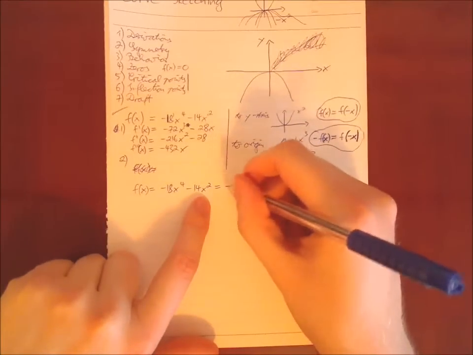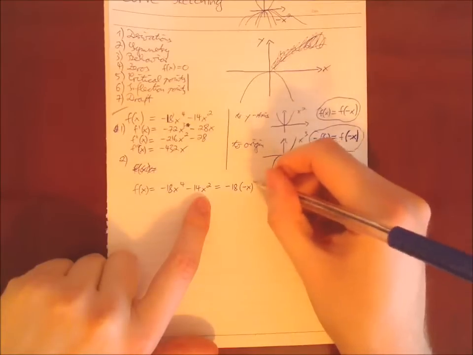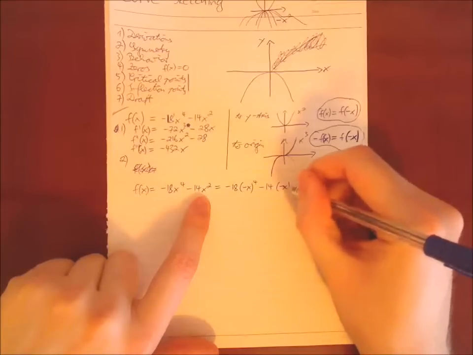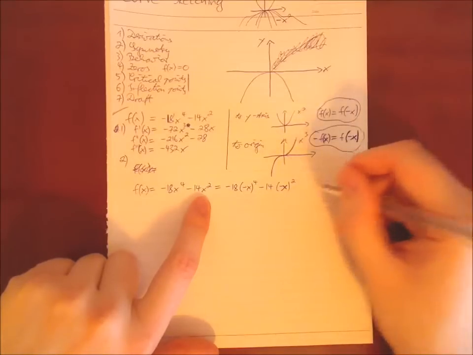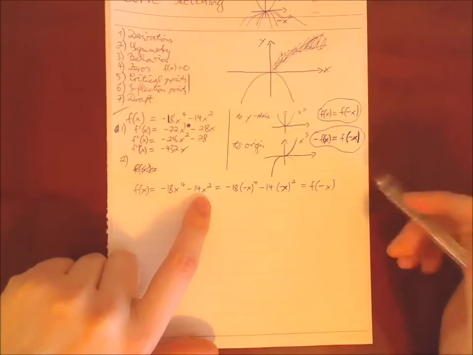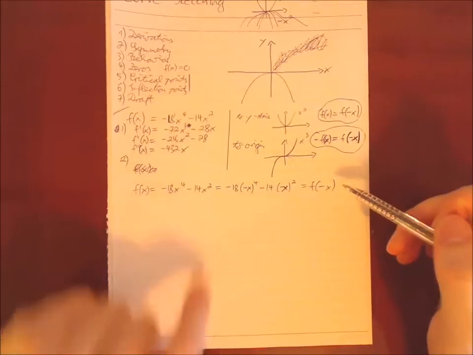So we have minus 18 times negative x to the power of 4 minus 14 times negative x to the power of 2, and we say this is f of negative x, right? This is what we said earlier, how to prove symmetry to the y-axis.